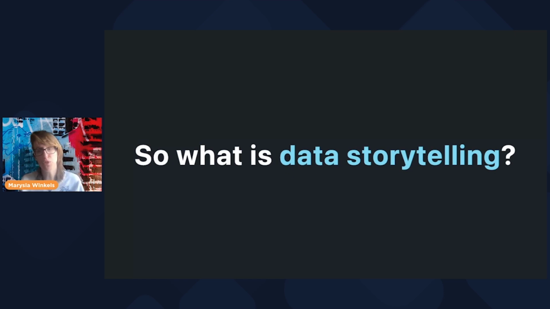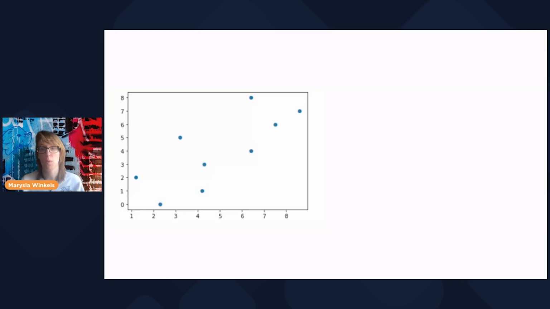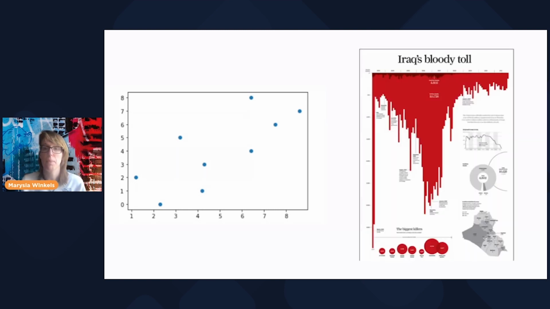Well, first of all, there are different types of data visualizations. We have a visualization like this one, which is a simple scatter plot of 9 data points made with matplotlib. And this was made just like our dinosaur plot to get a little bit more insight into the data at hand. But that's a very different type of data visualization than the one that we see on the right here, where we have a data visualization that visualizes the number of deaths per month in Iraq from 2004 until 2011.